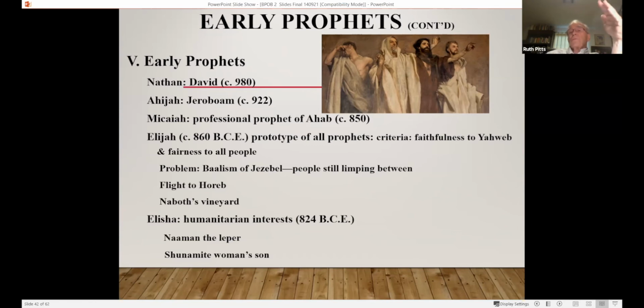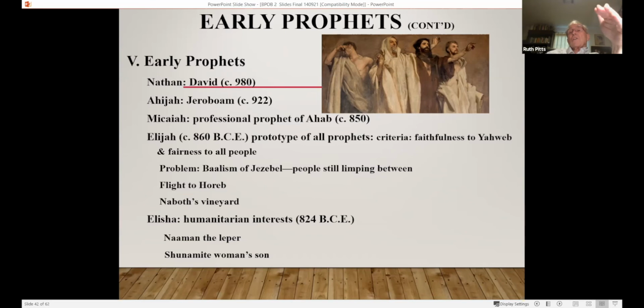And so he plants people to lie about what Naboth has done and so forth, and confiscates this property. And so Elijah confronts Ahab and tells him that he has sinned. He has committed wrong. Ahab recognizes that, but it's too late. The damage is already done.